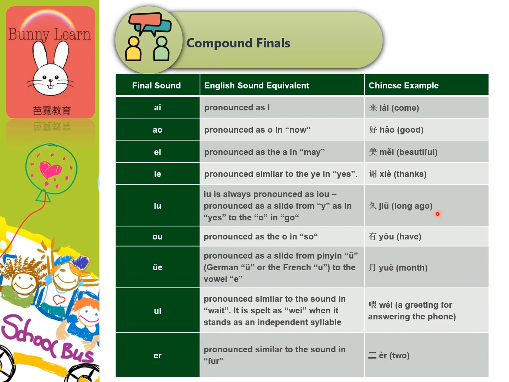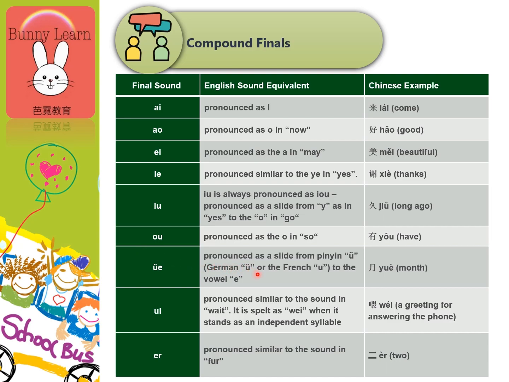And the Chinese example is 酒, jiǔ. Ou. This is pronounced as the O in so. And the Chinese example is 有, yǒu.